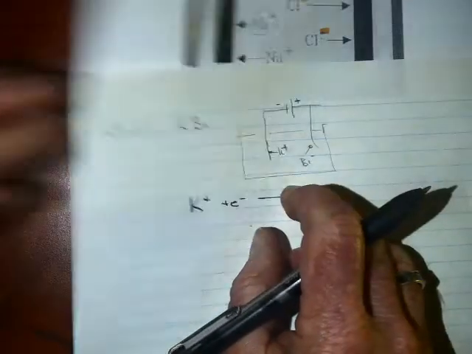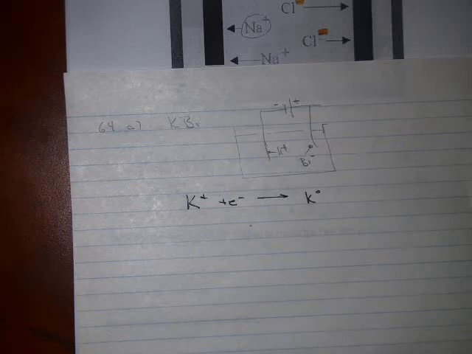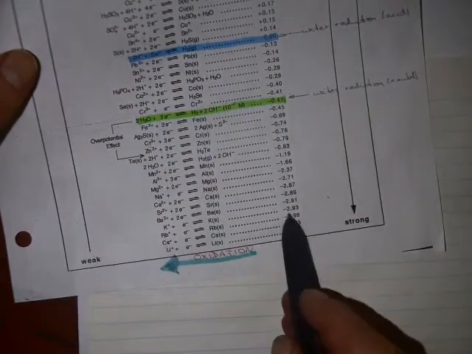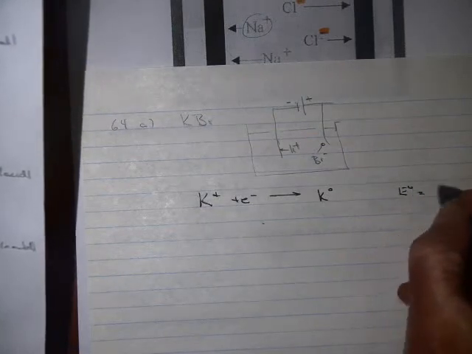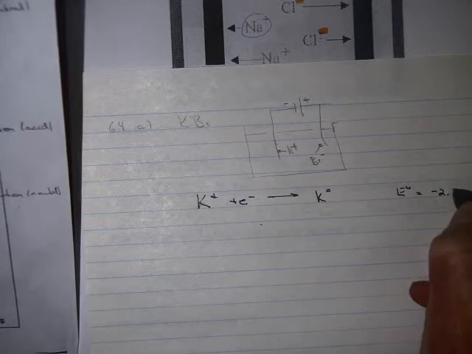Oh, here we go. So K is going to be at the bottom too. Yeah, there it is. So K is way down here. It's negative. E° is negative 2.93.